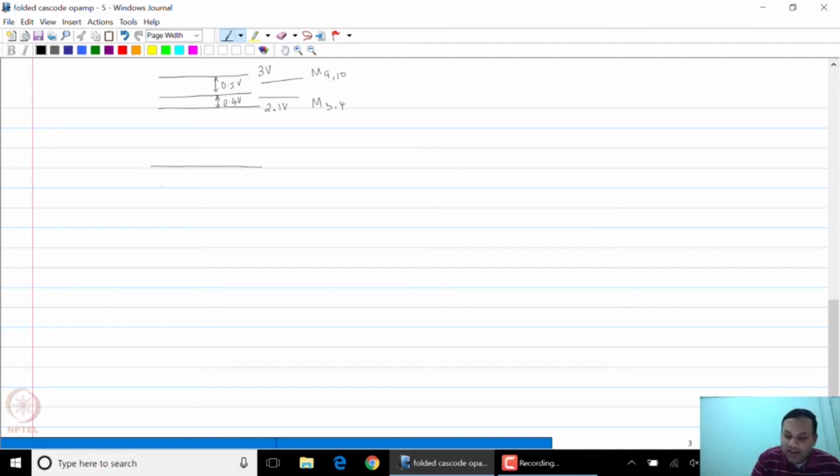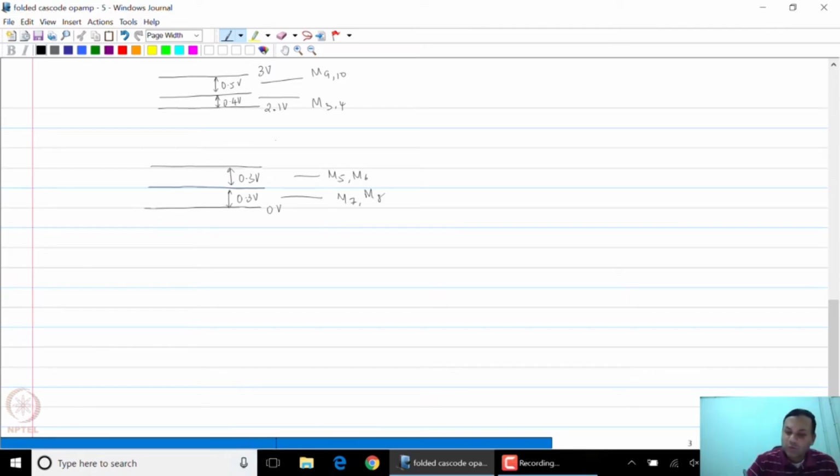Now what about the bottom side? On the bottom side we have split the overdrives. So this is ground. We have said you are going to give 300 millivolts, so 0.3 volts, to M5, M6 and M7, M8.